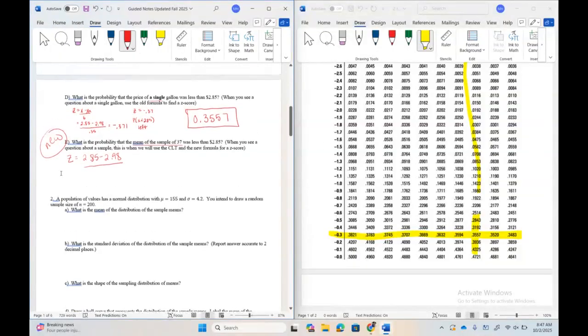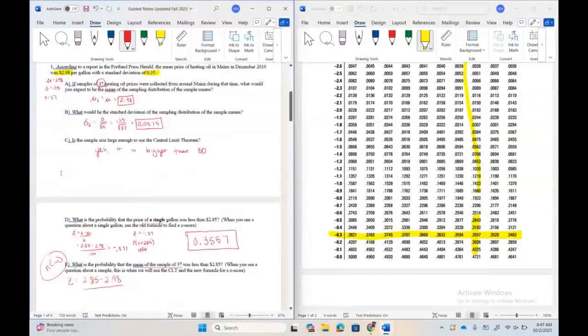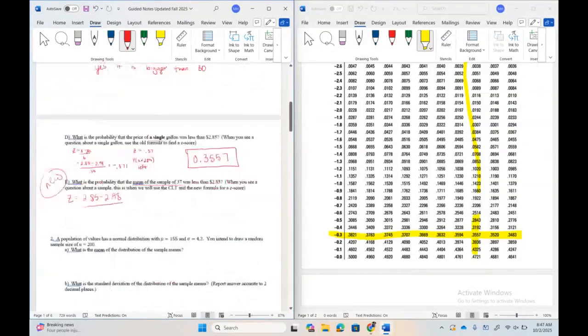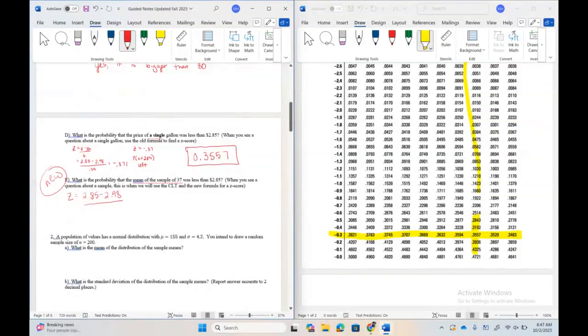I know from up here, my new standard deviation was 0.0575, so I can plug that in. Or I can do 2.85 minus 2.98 divided by 0.35 over the square root of 37. Either one of those will get us the right thing.